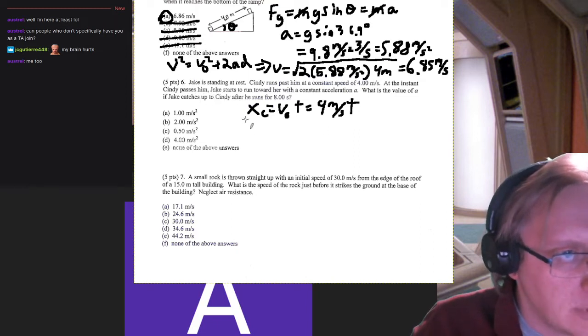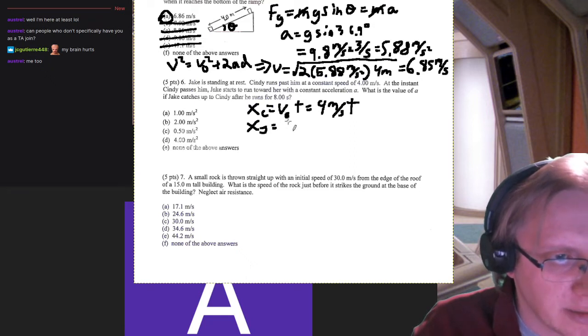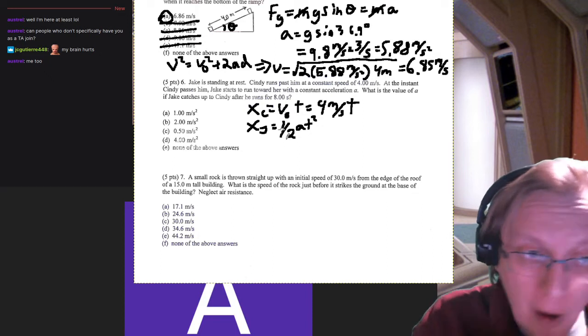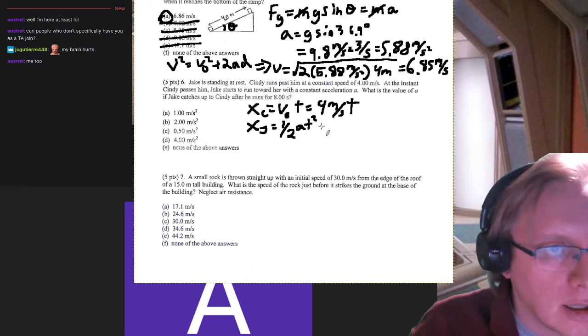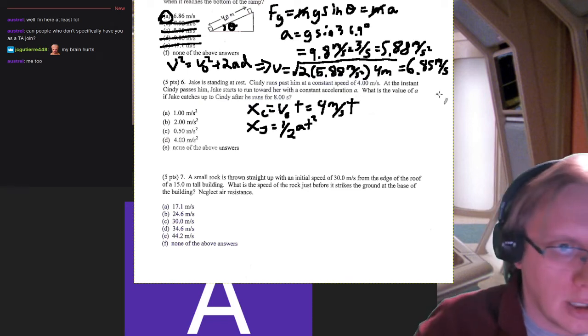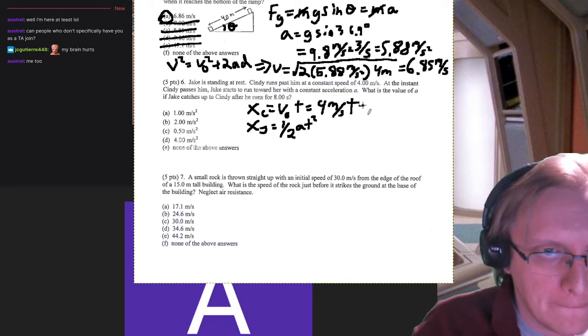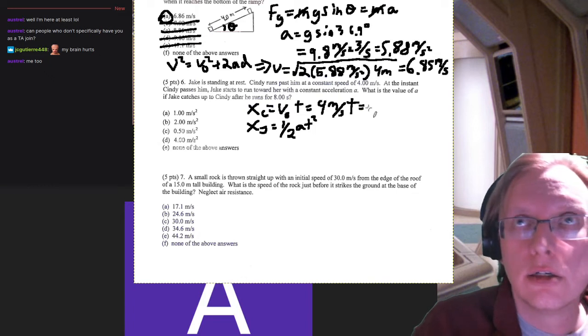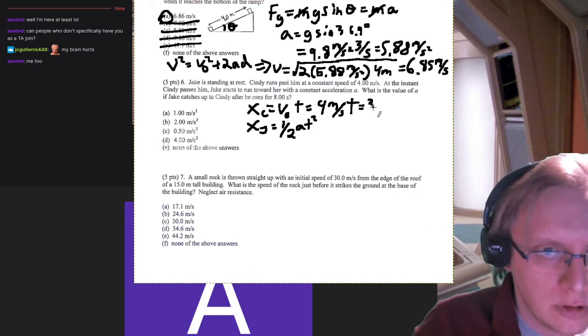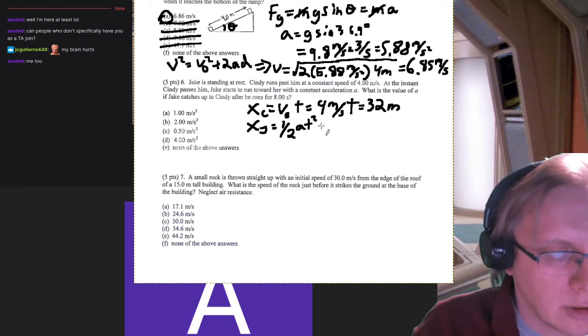Jake has constant acceleration, no initial velocity, no initial position, so this is 1/2 at squared. Oh, we do have a t. So 4 times 8 is 32 meters.